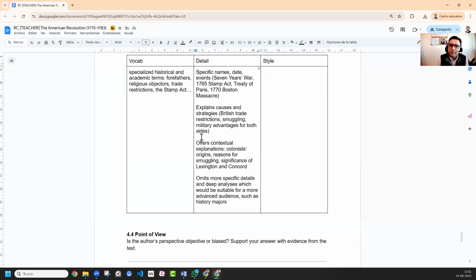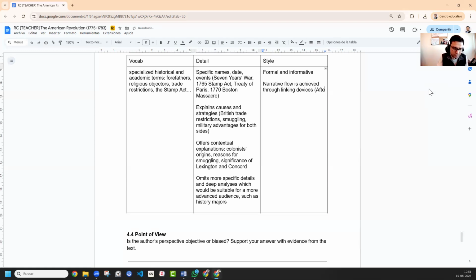Then about the style, what can we say about the style? We could say that it's mostly formal and informative. The narrative flow is achieved through linking devices, which is also one of the topics that we've been covering in relation to narrative tenses.